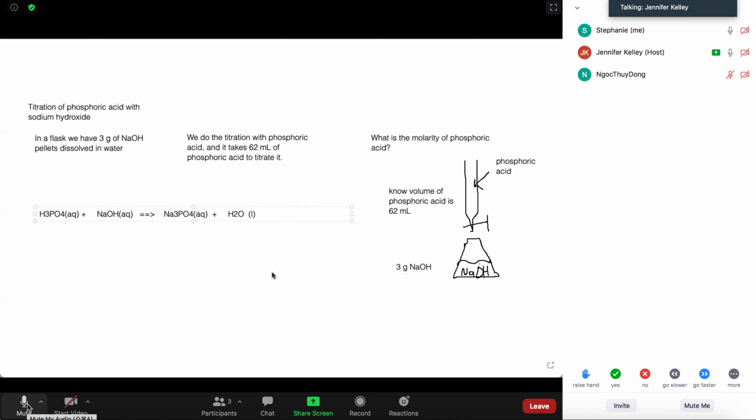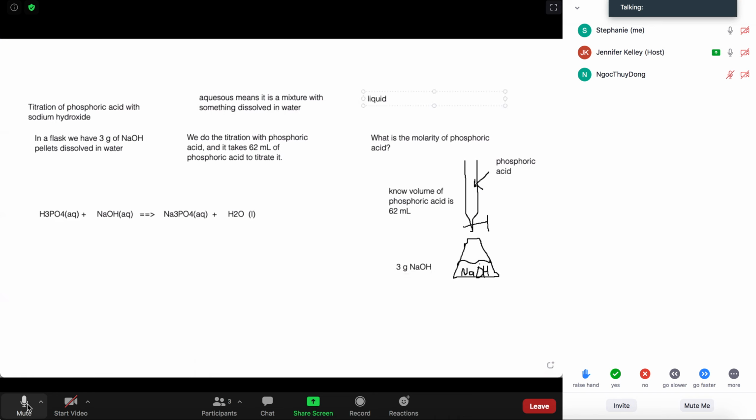Professor, I just had a question about what is the difference between the aq and the liquid? That is a good question. All aqueous things are liquid. The difference is that aqueous means it has something dissolved in it. So aqueous means it's a mixture, not a new compound, but a mixture with something dissolved in the water.